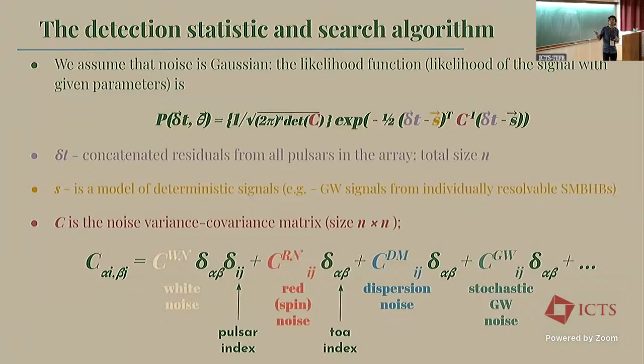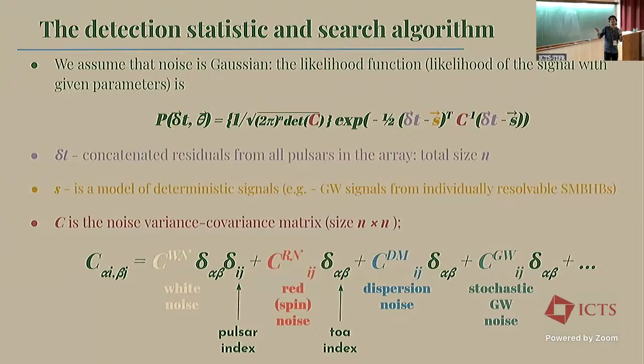So what we do is we construct the likelihood function, which contains the timing residuals. Here we've already simplified the thing by taking out all the deterministic parts. That's where all the deterministic stuff goes in. Sorry, actually, this was for a slightly different equation, so maybe you can ignore that.